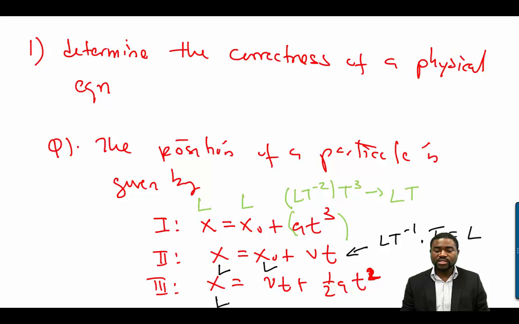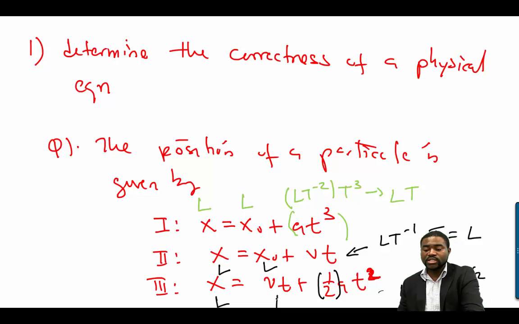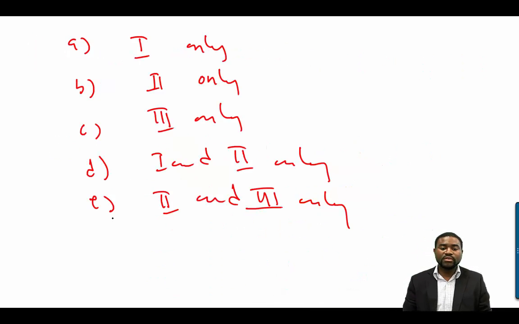Equation 3, this is L. We just proved in equation 2 that this is still L, right? The dimension of a number is 1. In other words, numbers are dimensionless. So all we have here is Lt minus 2 multiplied by T squared. This will cancel out and you're left with L. So 2 and 3 are correct. So what is the answer? E.